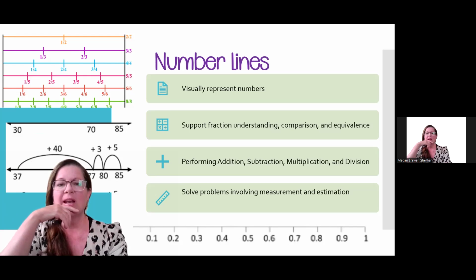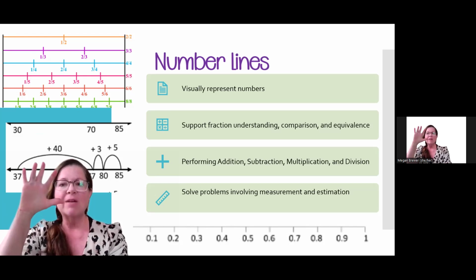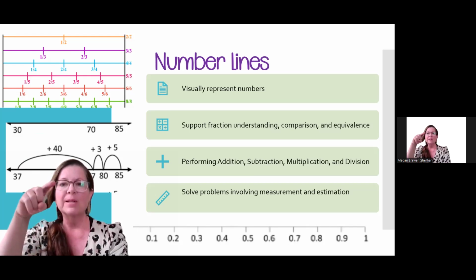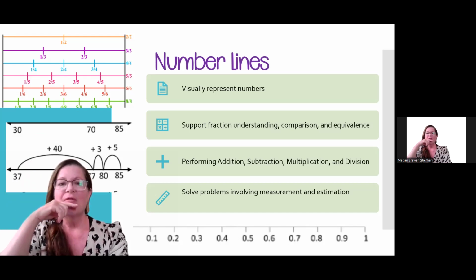Okay, I'm getting close to that 85. I know I can add 5 more from 80. That gets me to 85. How do I find my answer? Oh, I'm going to look at the hops. That plus 40, the plus 3, and the plus 5. 40 plus 3 plus 5 equals 48.